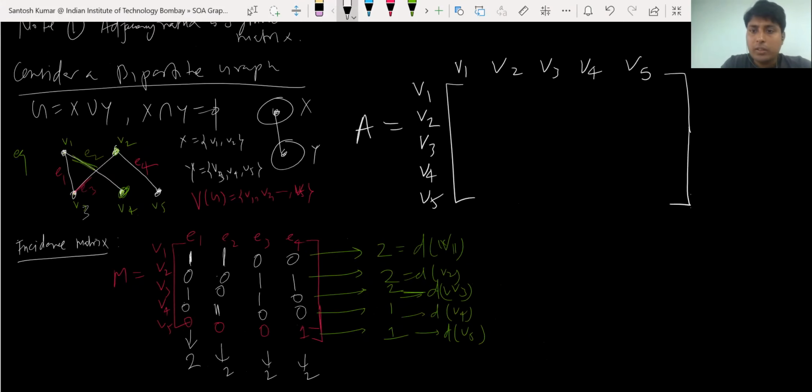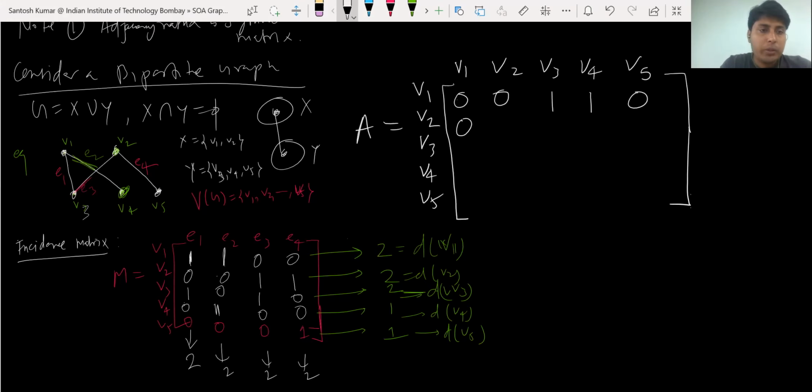Okay. So number of edges between V1 and V1: 0, V1 and V2: 0, V1 and V3: 1, V1 and V4: 1, V1 and V5: 0.